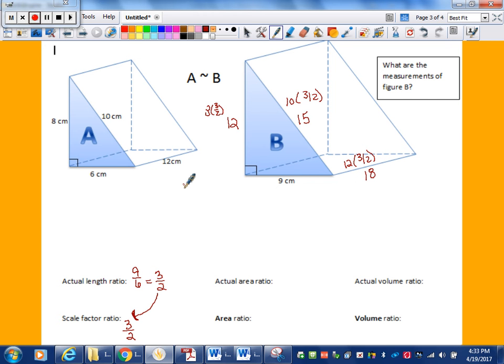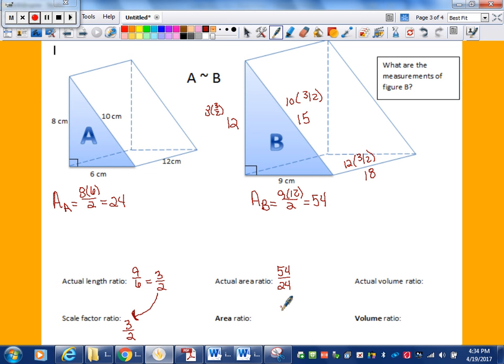Now let's talk about the area ratios. So if I found the area of triangle A, it would be 8 times 6 divided by 2, which is simply 24. The area of triangle B would simply be 9 times 12 divided by 2, which gives me 54. So my actual area ratio is 54 to 24.